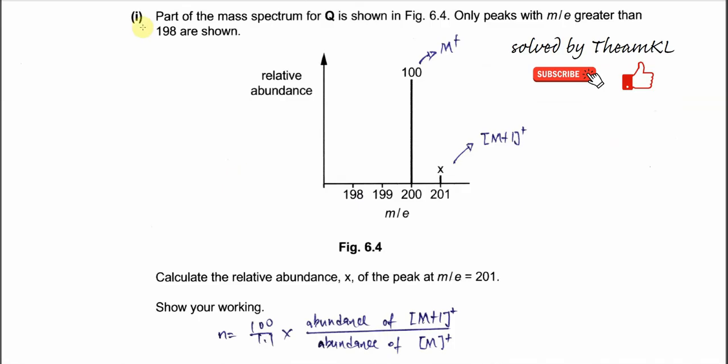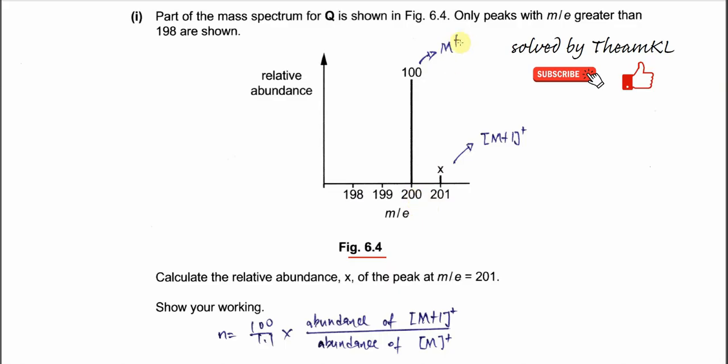Okay, so for part 1, part of the mass spectrum for Q is shown in figure 6.4. Only peaks with m/e greater than 198 are shown. From here it is quite clear: m/e 200 and m/e 201.